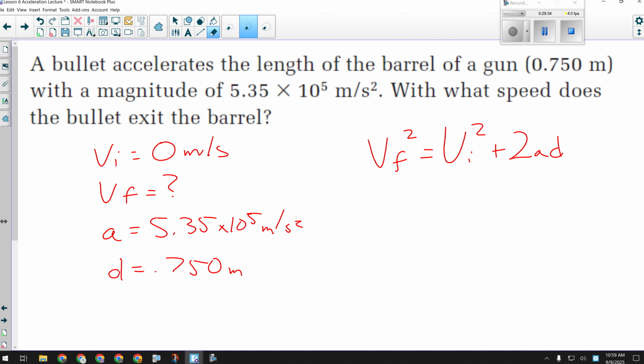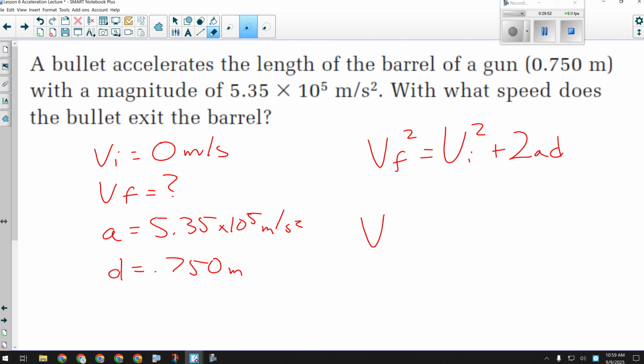We don't have the time in this question. It would be an incredibly small amount of time because the bullet's not spending a lot of time in the barrel. So I just need to solve for VF. The formula is set up to solve for VF squared, so the only thing I have to do is square root.